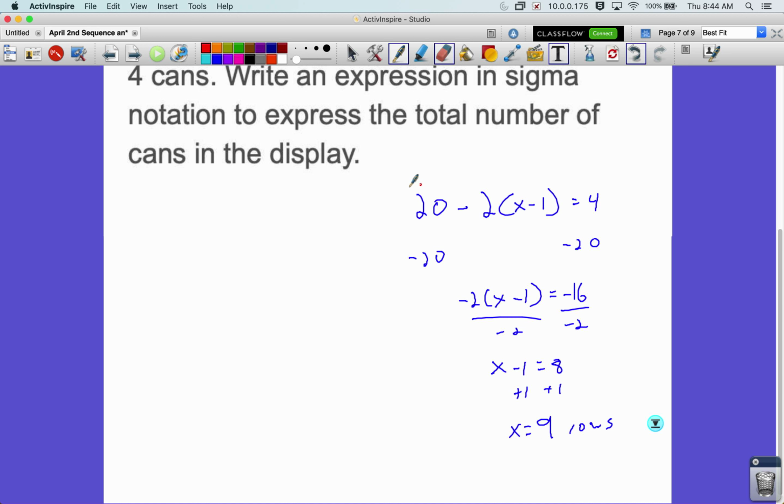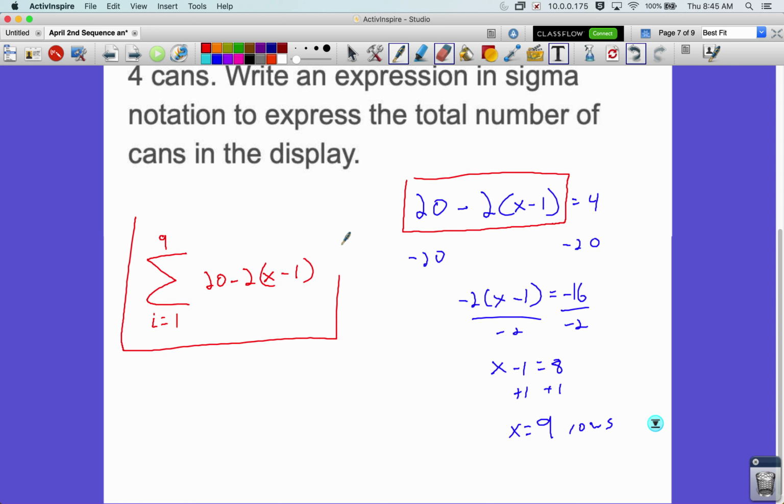All right, now I want to borrow this for my sigma notation. So I want to do the sum from i equals 1, so from the first row up to the 9th row, of 20 minus 2 times x minus 1. All right, so there's our sigma notation.